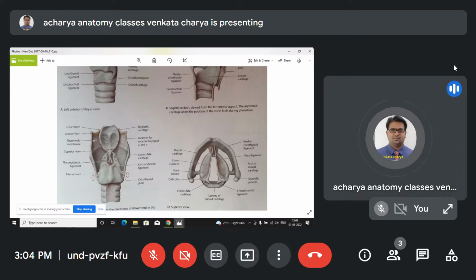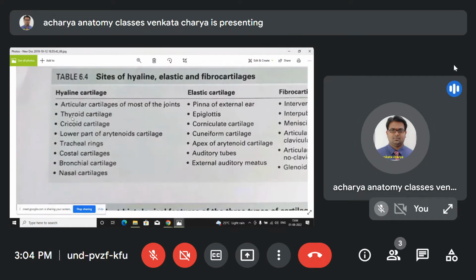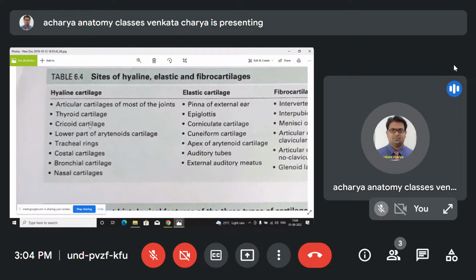In these 9 cartilages, the thyroid cartilage, cricoid cartilage, and the lower part of the arytenoid cartilage, these 3 cartilages are hyaline cartilages.